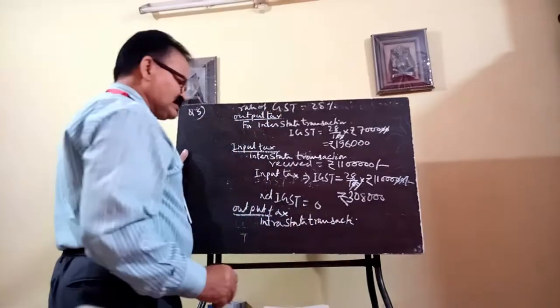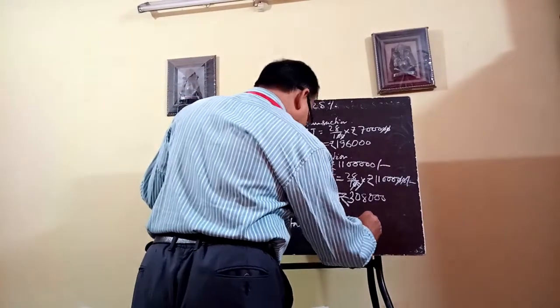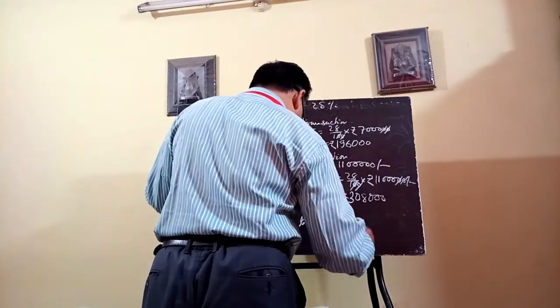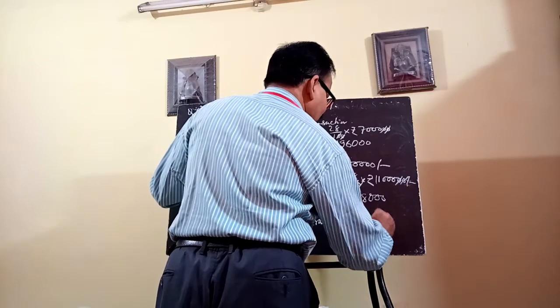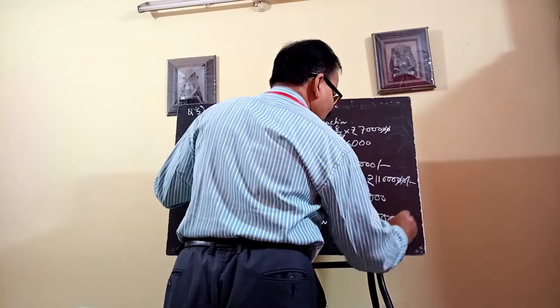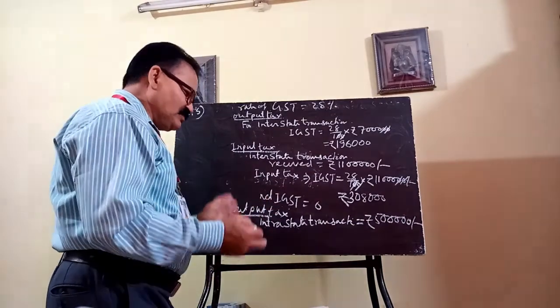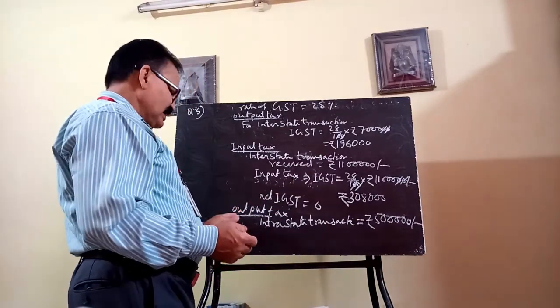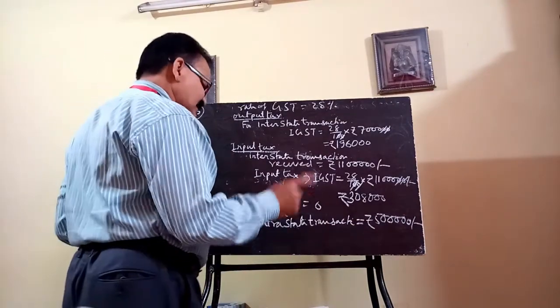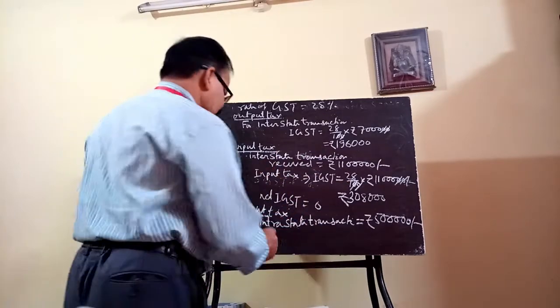In this case, the total value of your intrastate transaction is rupees 5 lakh. So you have to now calculate the output tax, CGST as well as SGST.